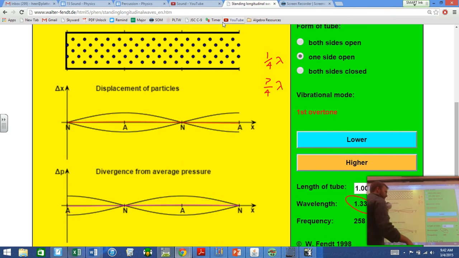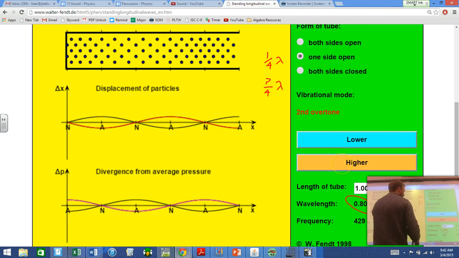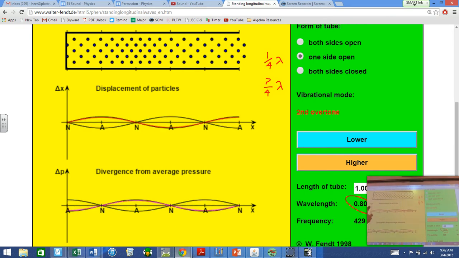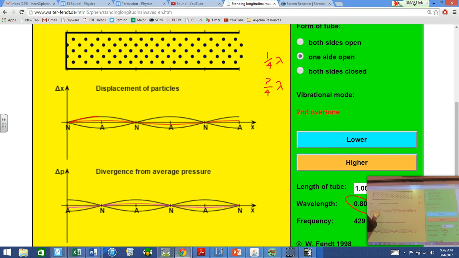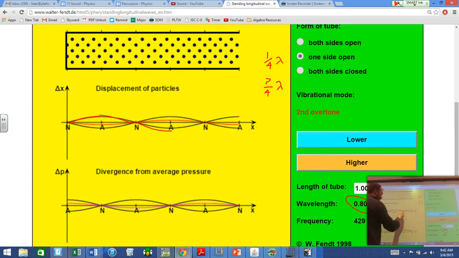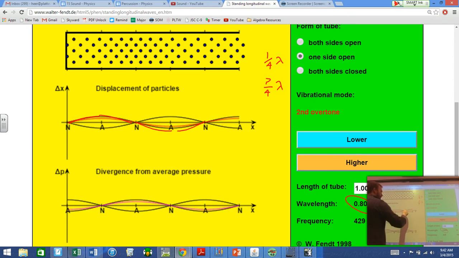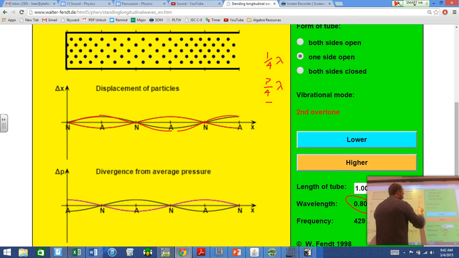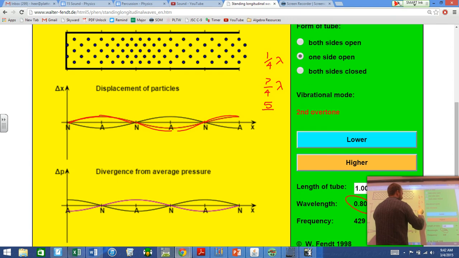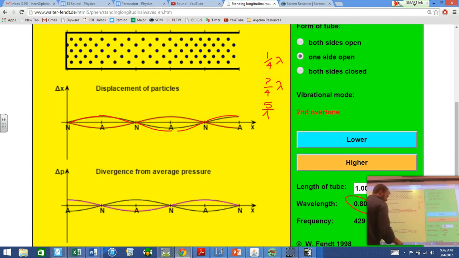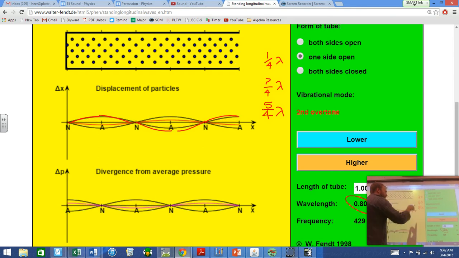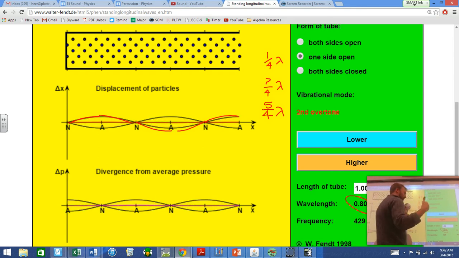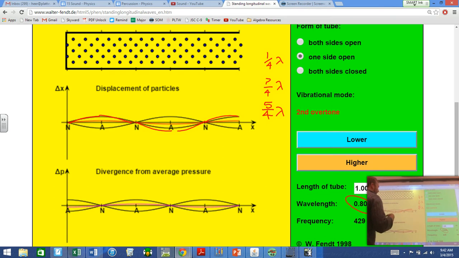Let's look at the next one and see how many wavelengths this one is. 1/4, 2, 3, a full wavelength plus 1/4, 5/4. And it goes up and up following this same pattern: 1, 3, 5. Your guess would be the next one's going to be 7, and you'd be right.